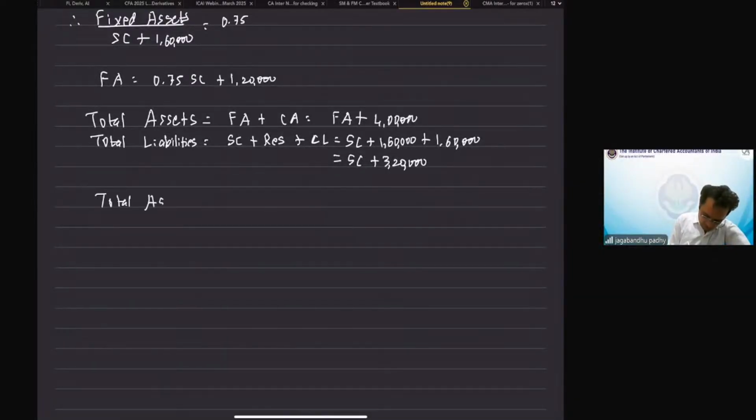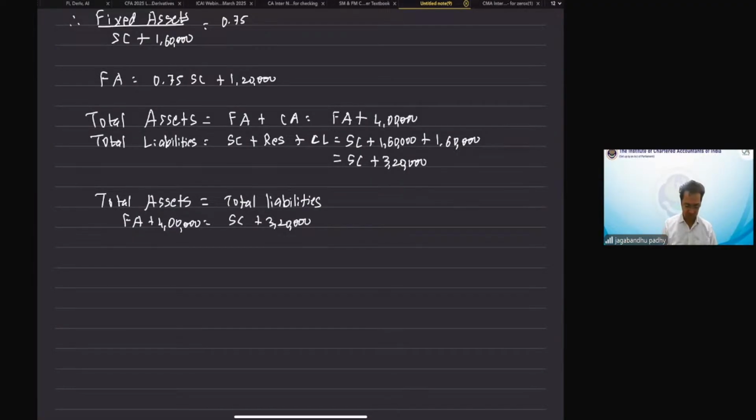And we know total assets should be equal to total liabilities. Total assets is fixed asset plus 4 lakh, equal to share capital plus 3,20,000. Fixed asset plus 4 lakh equals share capital plus 3,20,000 total liabilities.